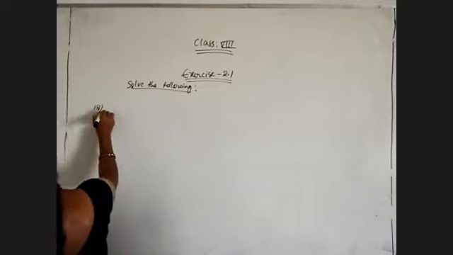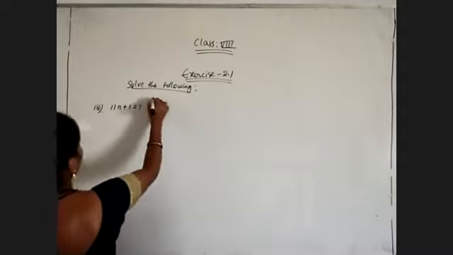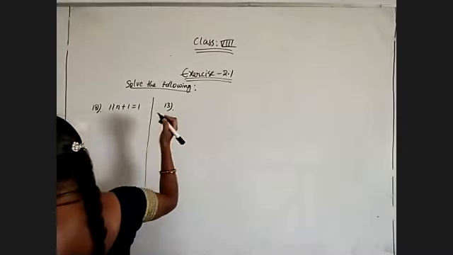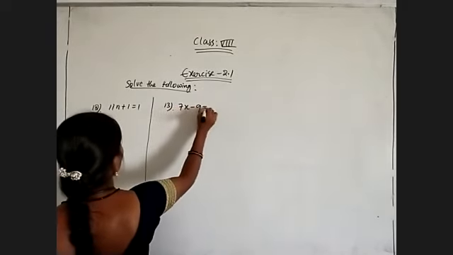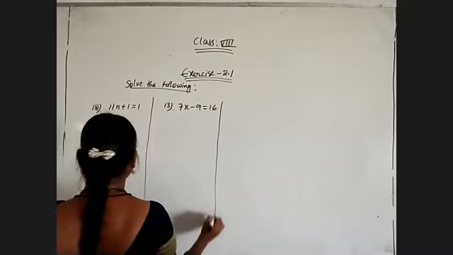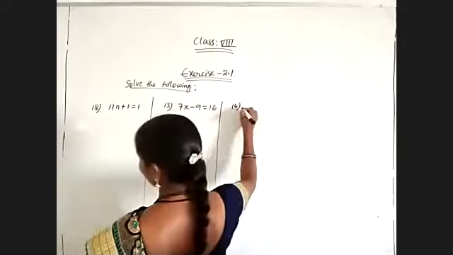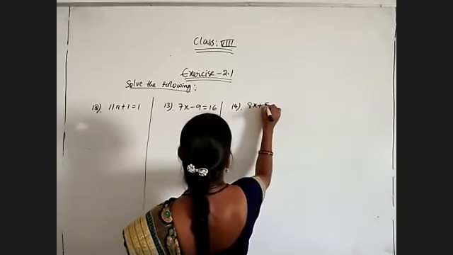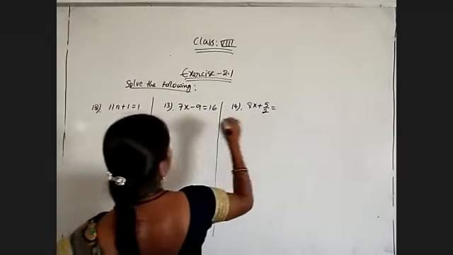Observe the 12th problem: 11n plus 1 is equal to 1. And another problem: 7x minus 9 is equal to 16. And the 14th problem: 8x plus 5 by 2 is equal to 13.